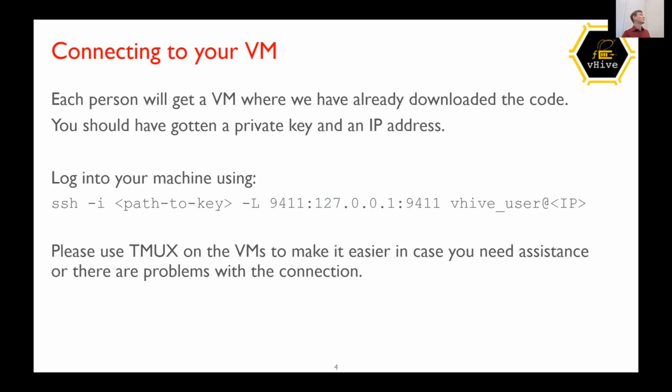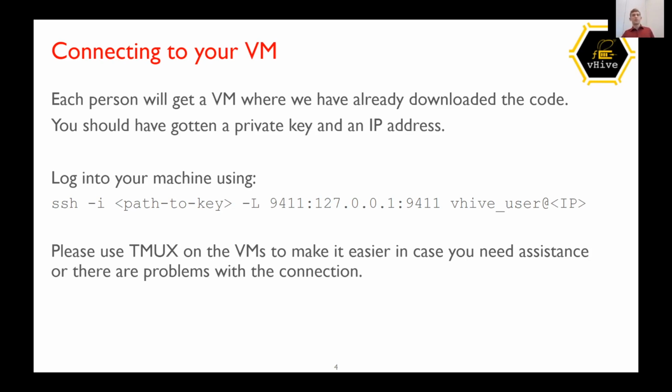All the commands that you will see in this special font should be in the README, so you can just copy them from there. Also, if you have any trouble, we can just SSH into your machines. But to see what you have been doing, it would be useful if you use tmux for your sessions, so we can just attach to your sessions and check what you've done already, which makes it a bit easier to debug.